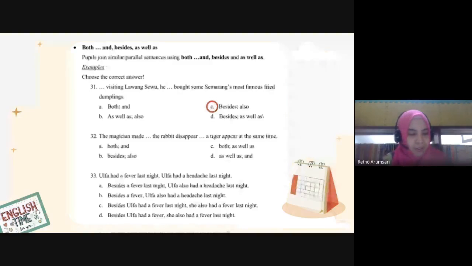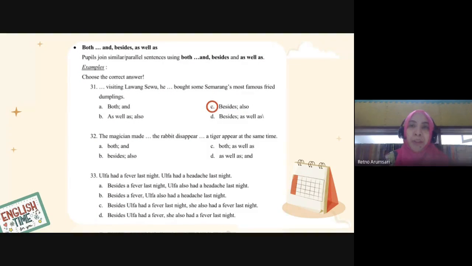Let's go to Dafin. Dafin answers with C. The magician made. Wait, both is always with and.